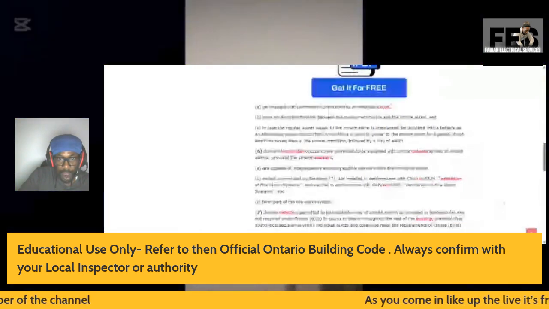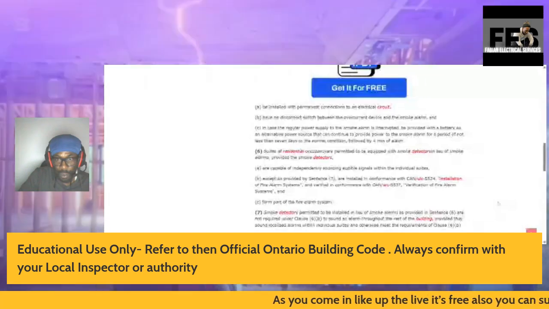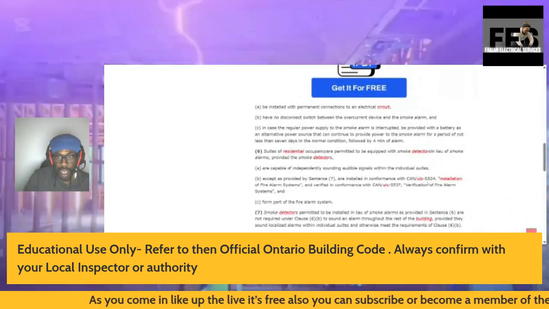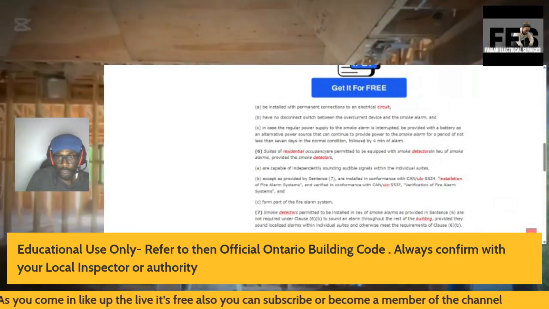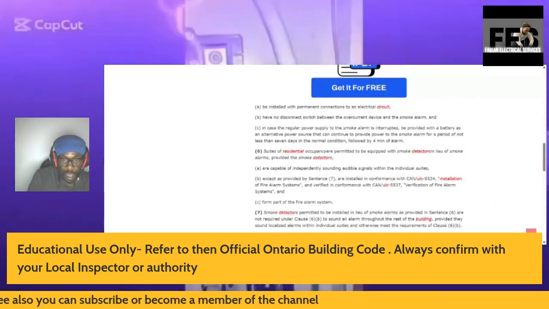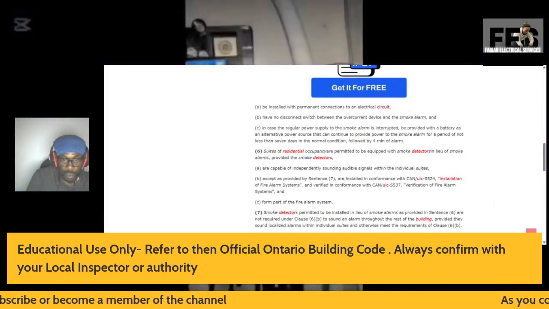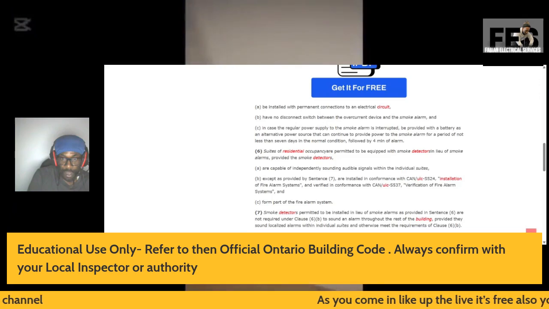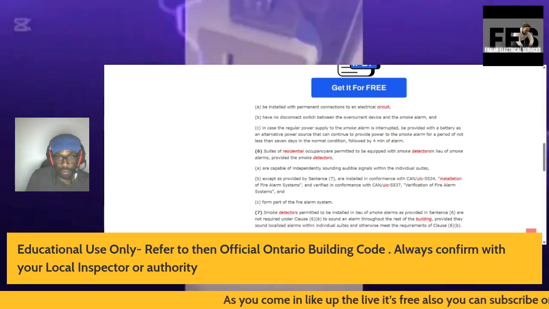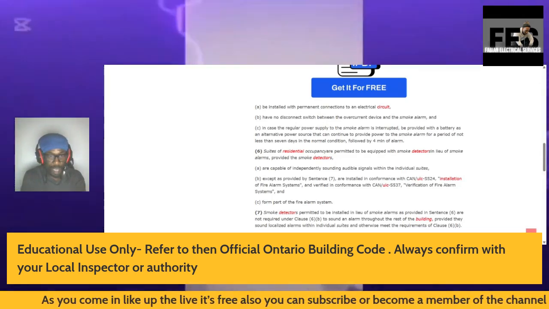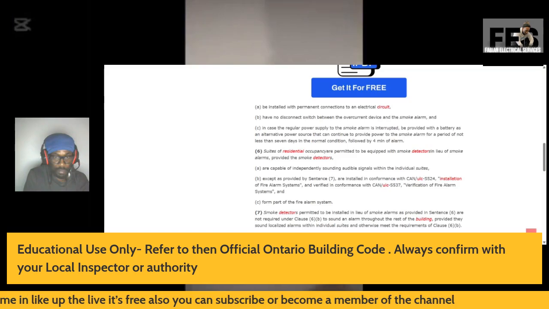Are installed in conformance with CAN/ULC-S524, installation of fire alarm systems, and verified in conformance with CAN/ULC-S537, verification of fire alarm systems, and form part of the fire alarm system.